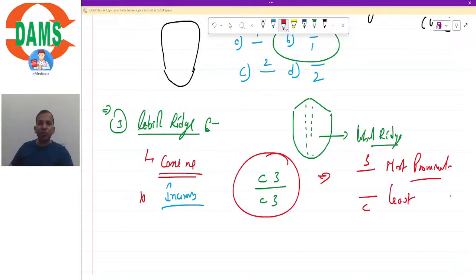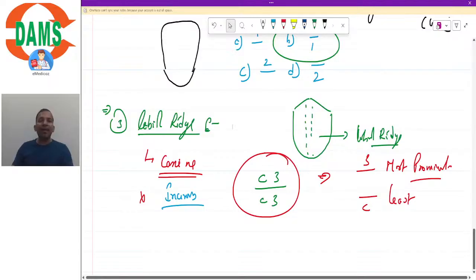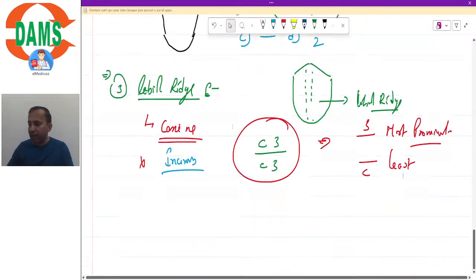Is it clear? So the labial ridge is a cervicoincisally running ridge, most prominent on the maxillary permanent canine and least prominent on the mandibular deciduous canine, right?